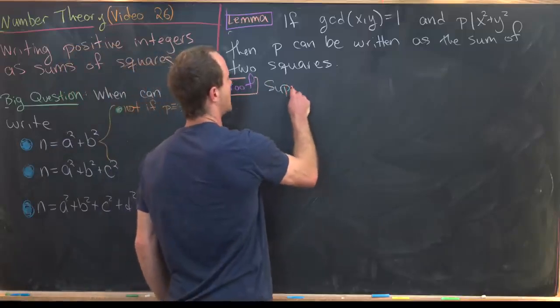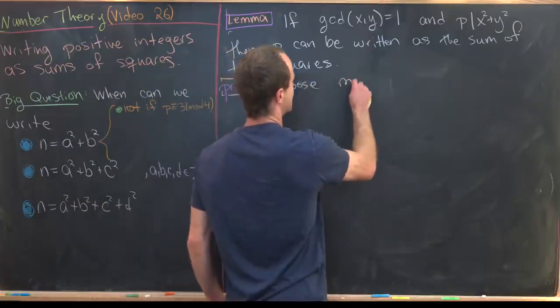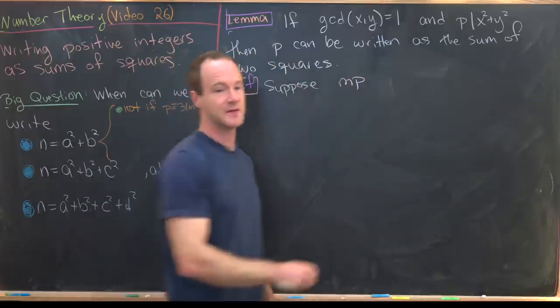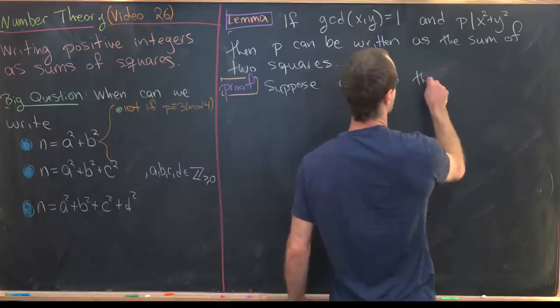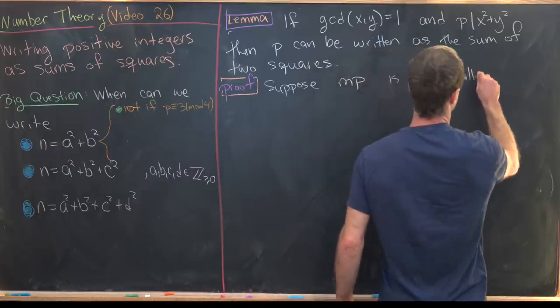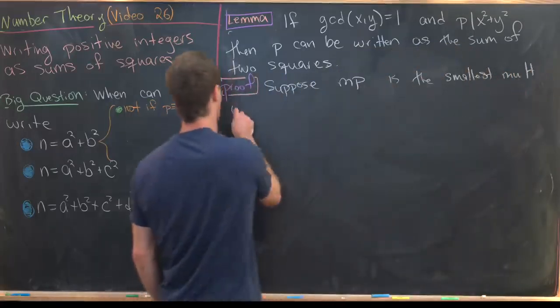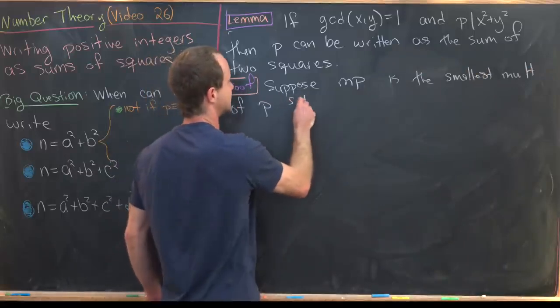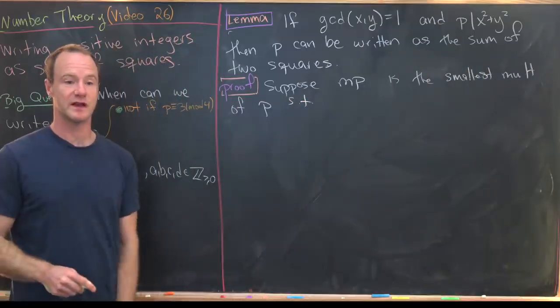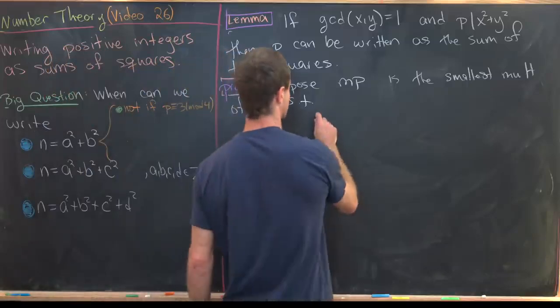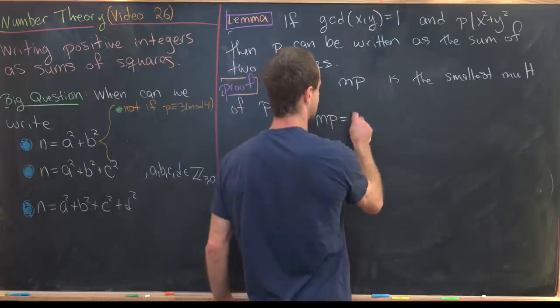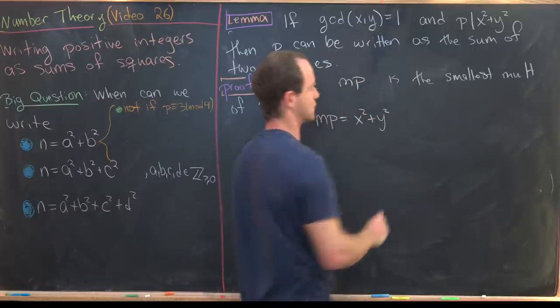So let's suppose that m times p is the smallest multiple of p such that it can be rewritten as the sum of two squares. So in other words, m times p is equal to x squared plus y squared.